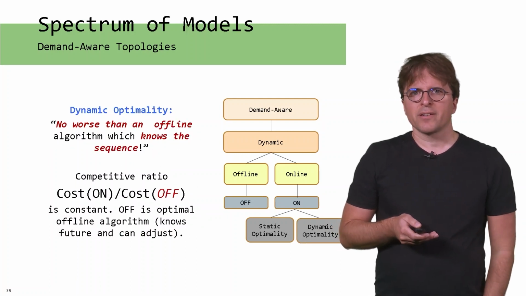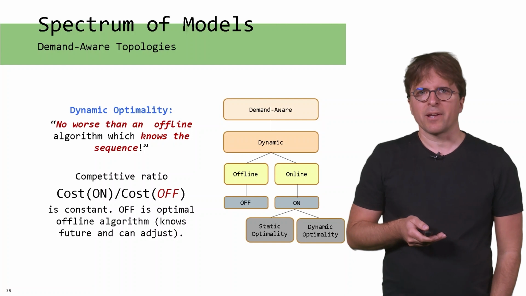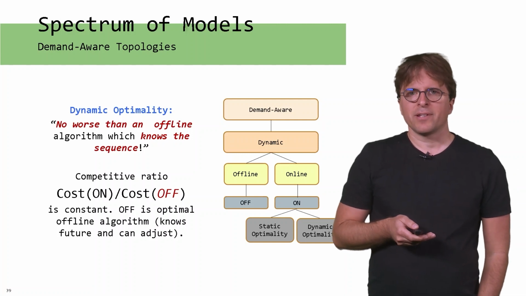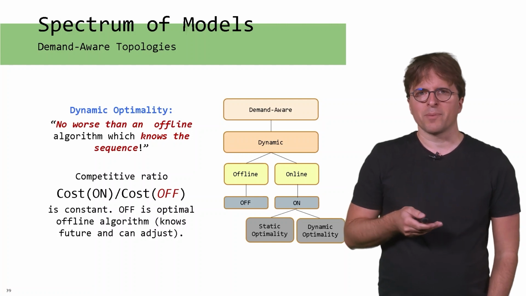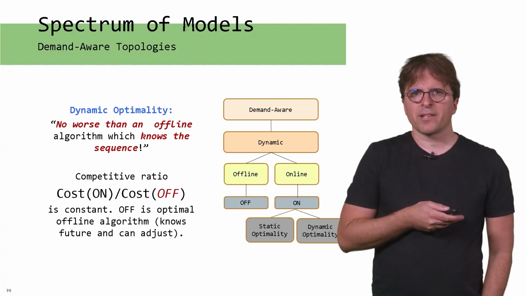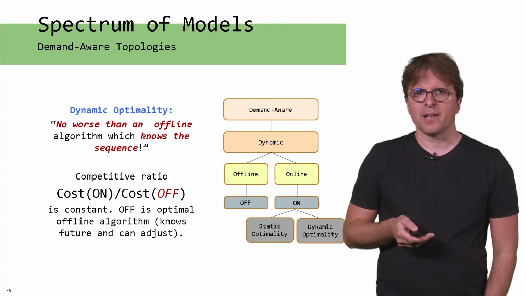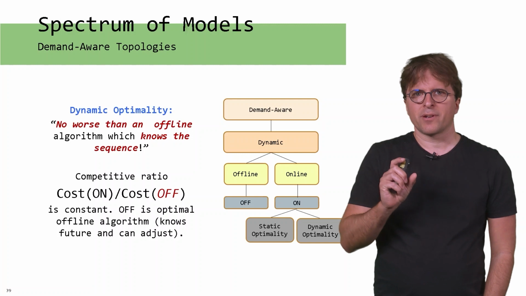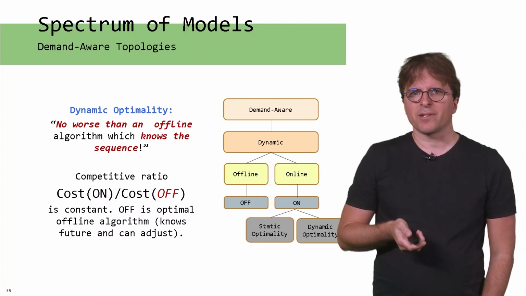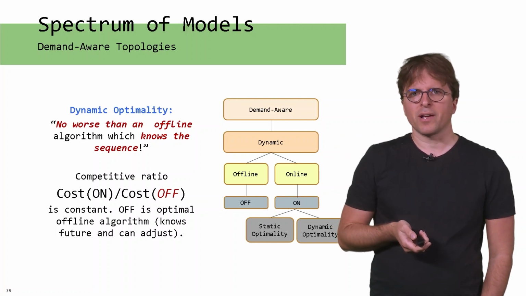Then another important property is dynamic optimality. Here we don't compare the online algorithm to a static solution, but we compare it to the optimal offline solution that knows the entire sequence ahead of time. So here the competitive ratio is between the cost of ON divided by the cost of OFF, which is the optimal offline.